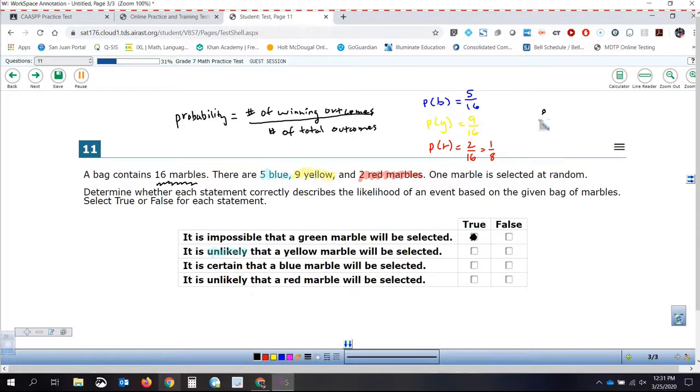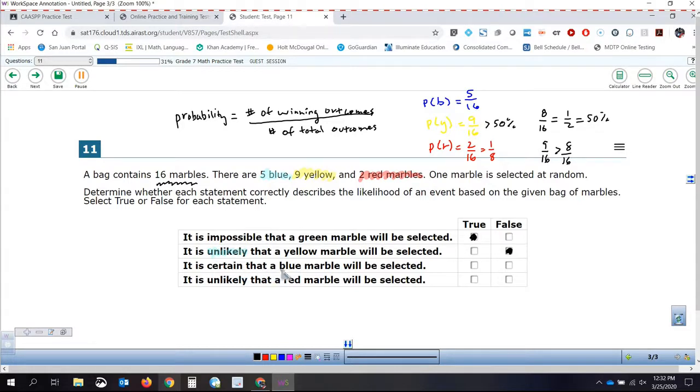Would you guys agree? 8 out of 16 would be 1/2, which would be 50%. 9 out of 16 is greater than 8 out of 16, which means yellow is a greater than 50% chance. So I think we can say pretty confidently that that is a false statement because we have more than a 50% chance of getting a yellow. But again, unlikely is not a super clear mathematical term.